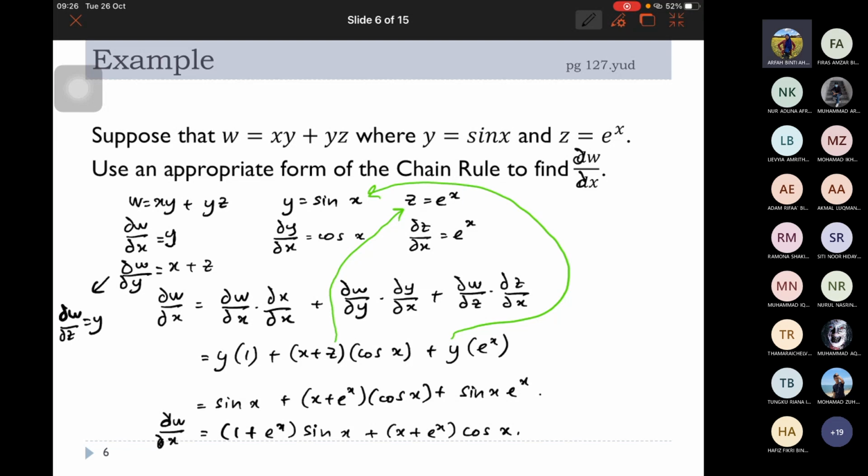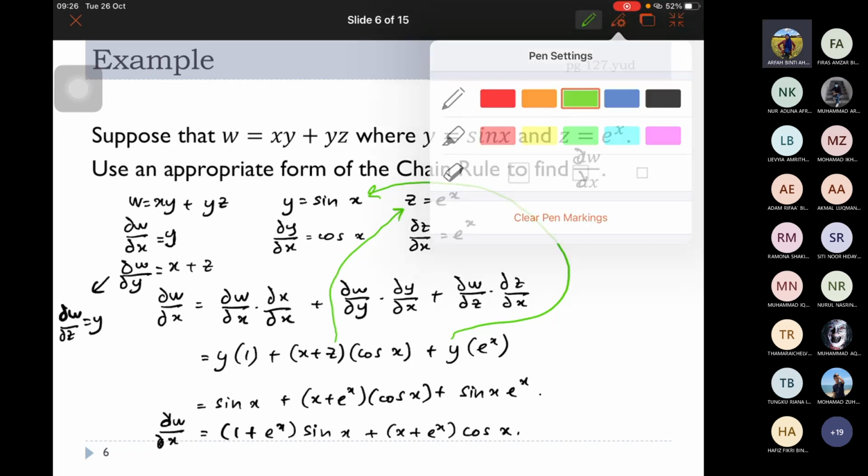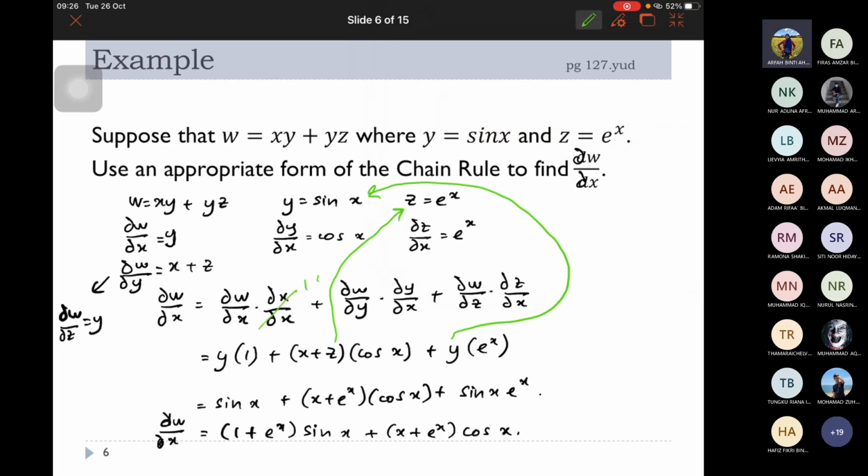What does it say? Use the chain rule to find the partial derivative of z with respect to x if you were given all of the functions in there. So for this one we just set it up. Okay.